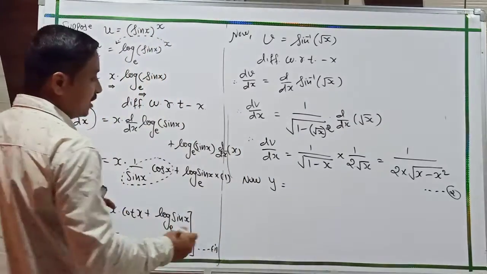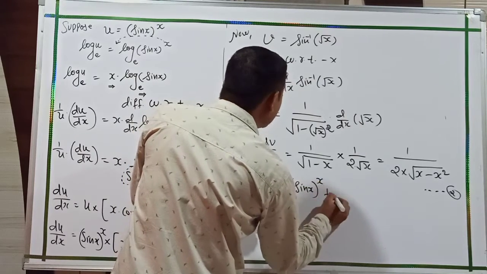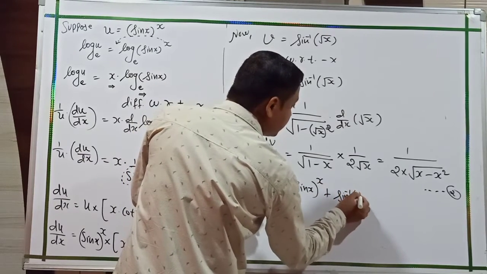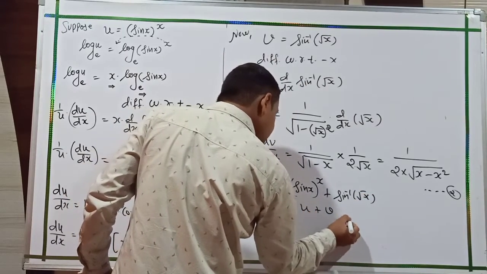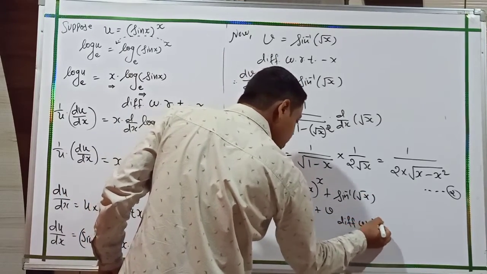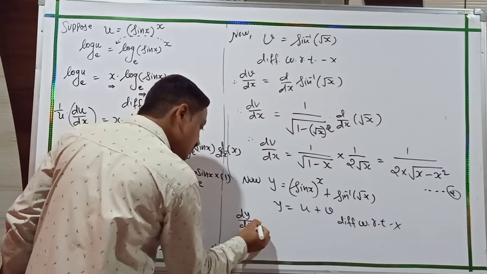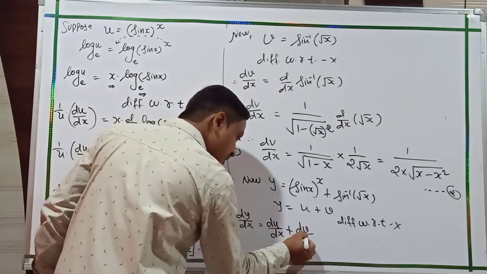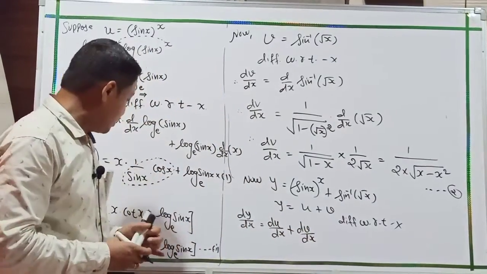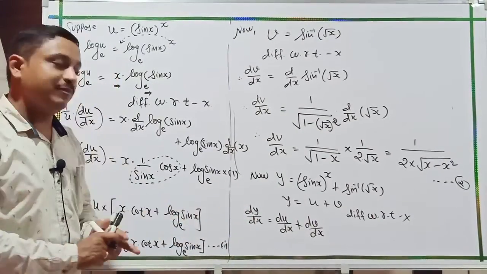Now finally I move to our original question. What is the original question? Sin x to the power x plus sin inverse root x. Here we already took u plus v, and differentiating with respect to x, what do you get? dy by dx is du by dx plus dv by dx. And both values, equation 1 and equation 2, students, I happily put here.